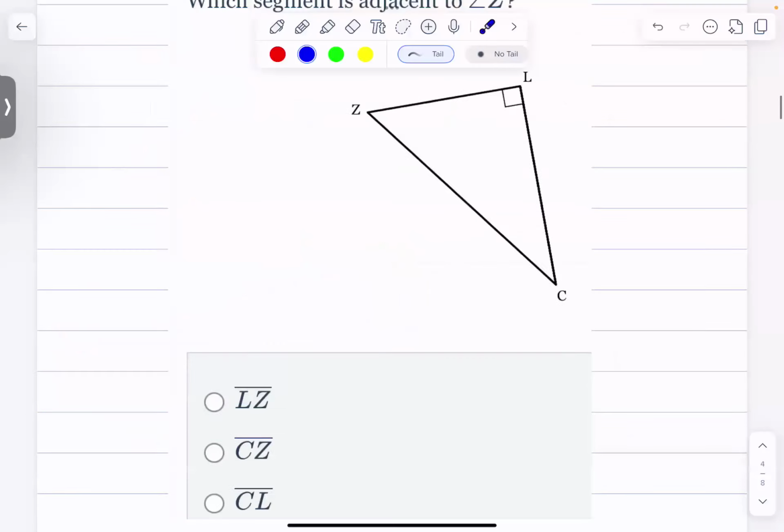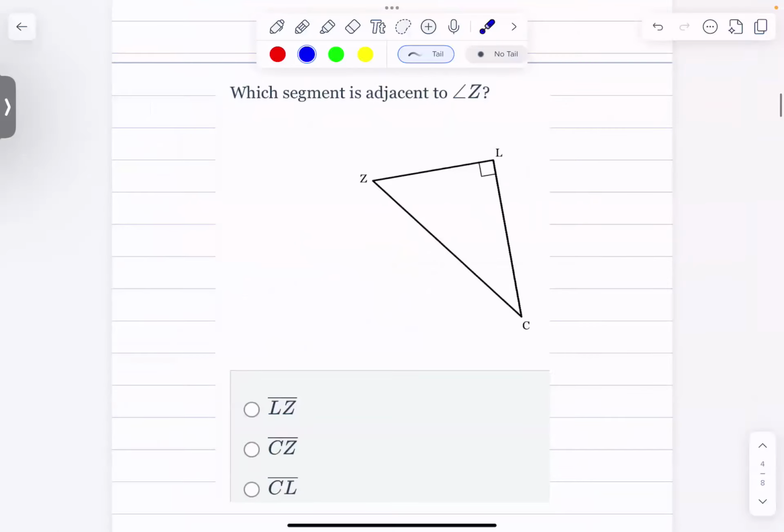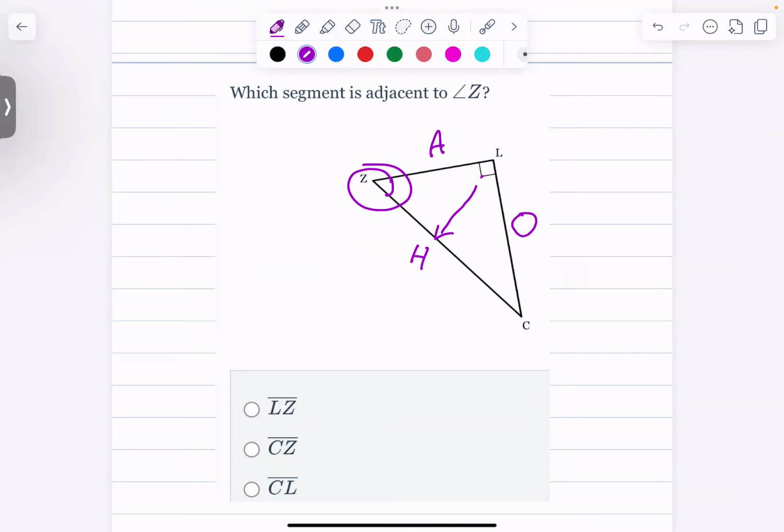All right, so first, which segment is adjacent to angle Z? Well, this is your hypotenuse, this is your opposite side, and this is your adjacent side, so it has to be LZ.